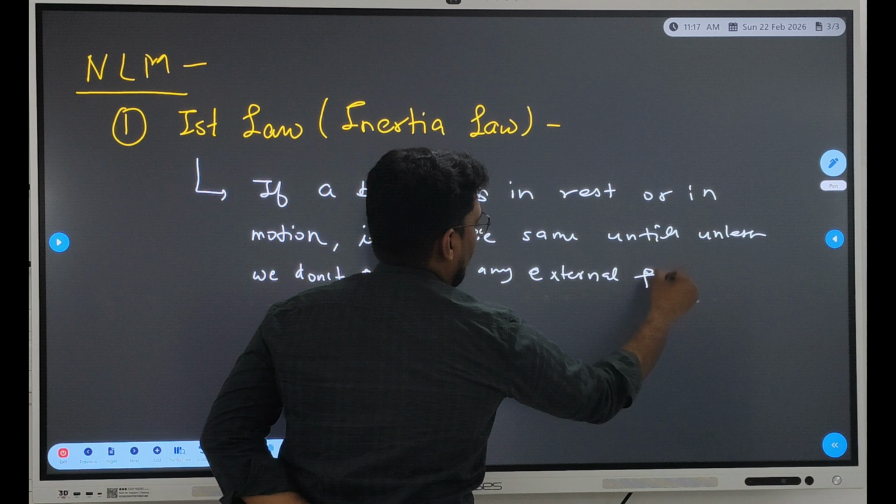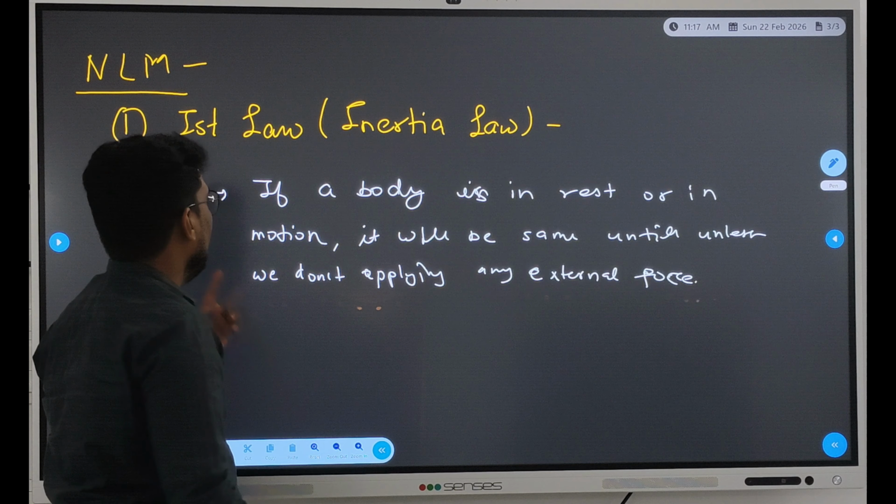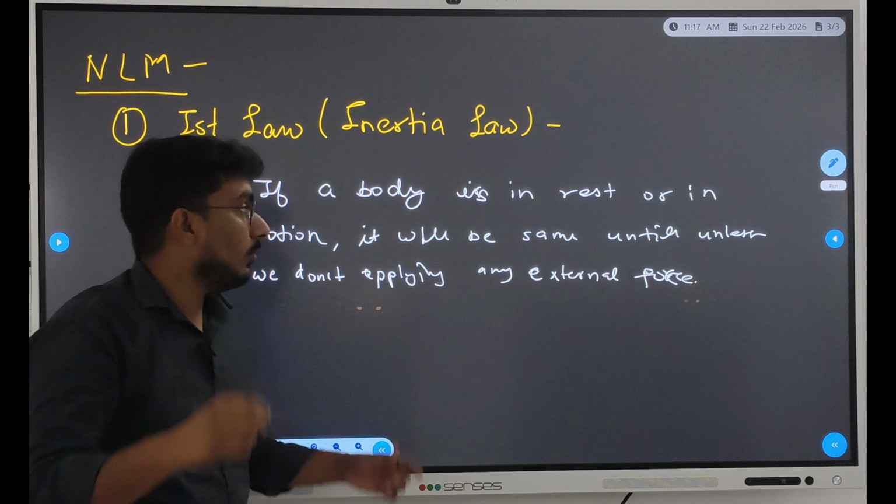That is the definition of Newton's first law.